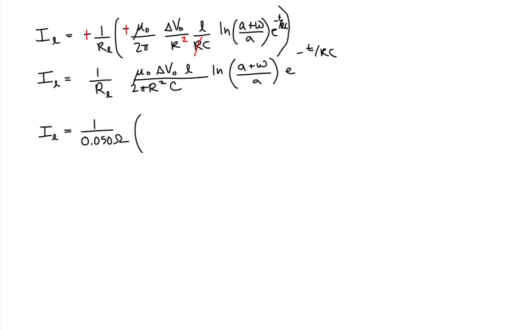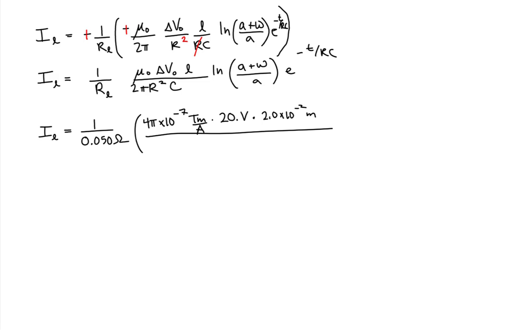This is followed by the permeability of free space, which is 4 pi times 10 to the minus 7 Tesla meters per amp, multiplied by the potential difference of the initially charged capacitor, which is 20 volts, times the length of our conducting loop, which is 2.0 centimeters.